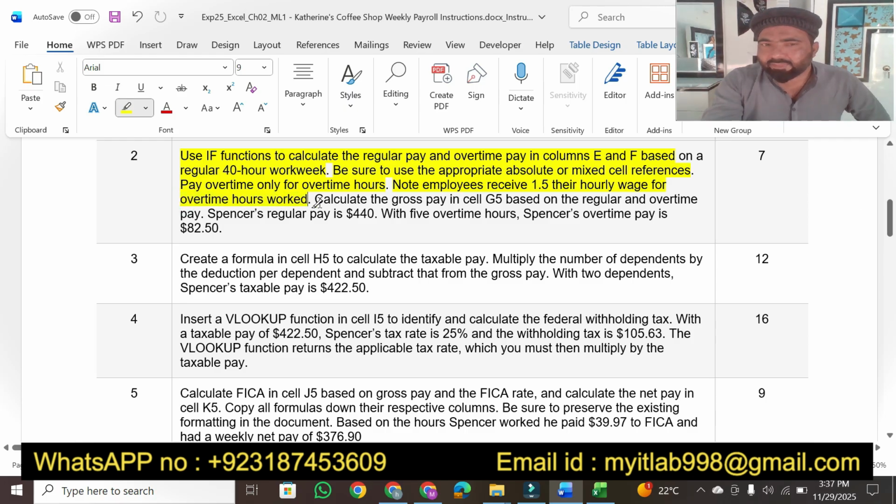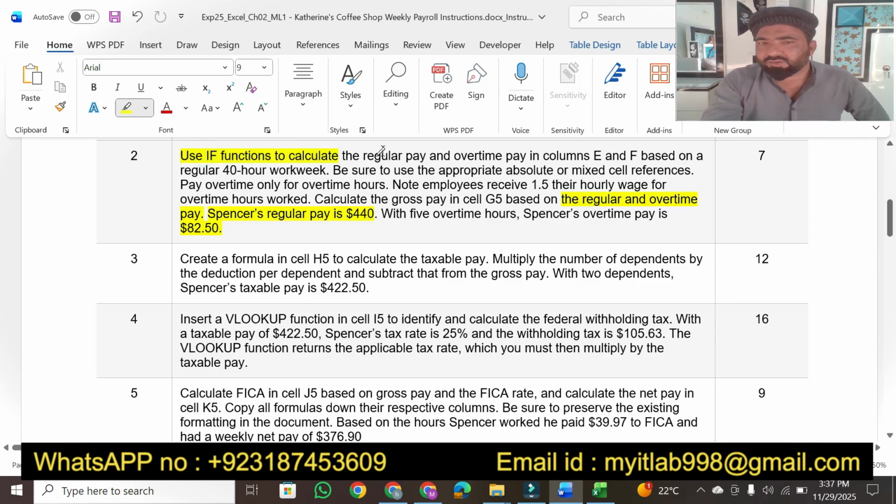Then calculate the gross pay in cell G5 based on your regular and overtime pay. Then the expected regular pay is this one. With 5 overtime hours, the expected overtime pay will be this one. The answer is already available. These are the answers.